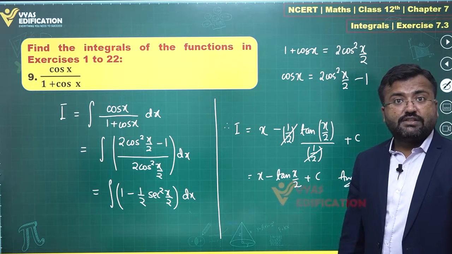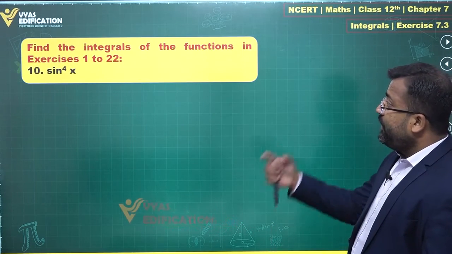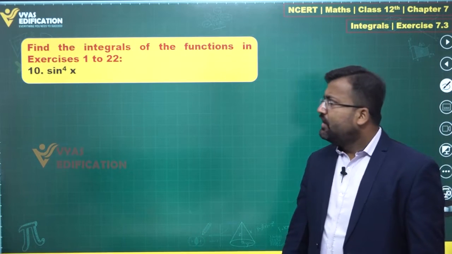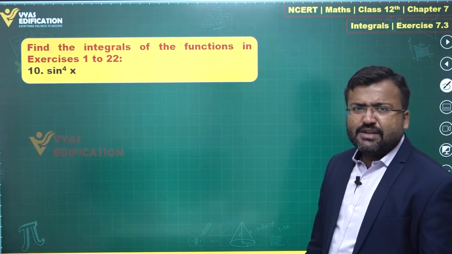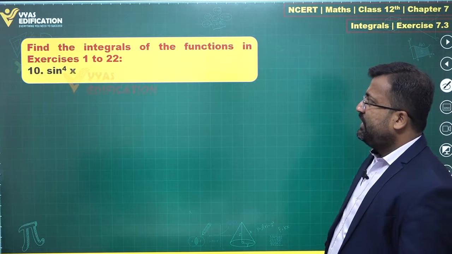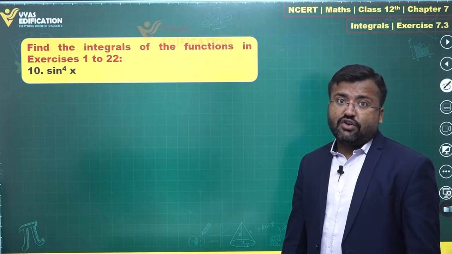That's the 9th question for us. The 10th question has sine power 4x. Now how do we handle this sine power 4x? Can I separate one sine x and substitute something in terms of cos x? That will create a lot of complications if this is not an odd power.